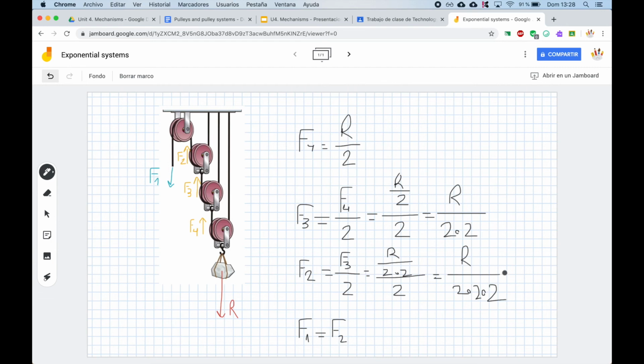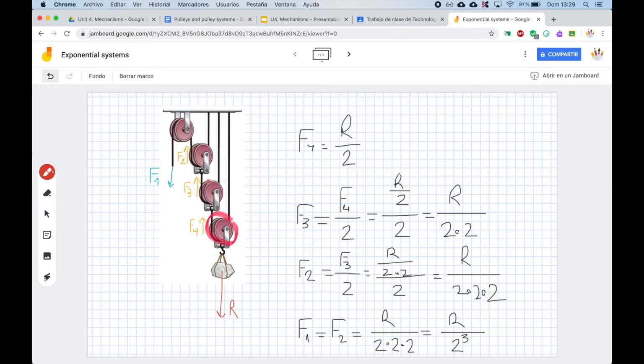And F2 is this: R divided by 2 times 2 times 2. And we can express it this way: R divided by 2 to the third power. And you can see that we have taken this number from where? From this.